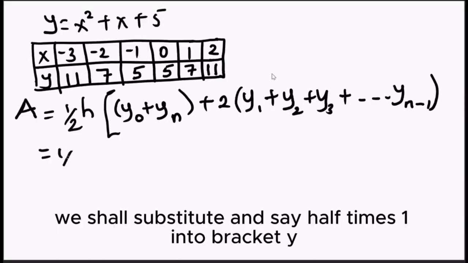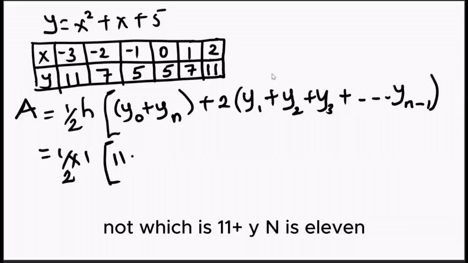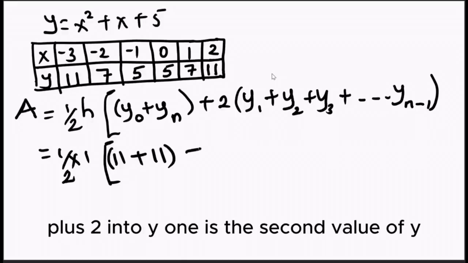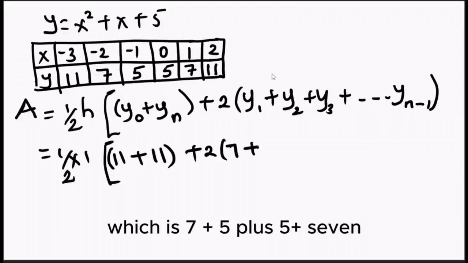We shall substitute and say half times 1 into bracket y0, which is 11, plus yn, which is 11, plus 2 into bracket y1, the second value of y, which is 7, plus 5 plus 5 plus 7.